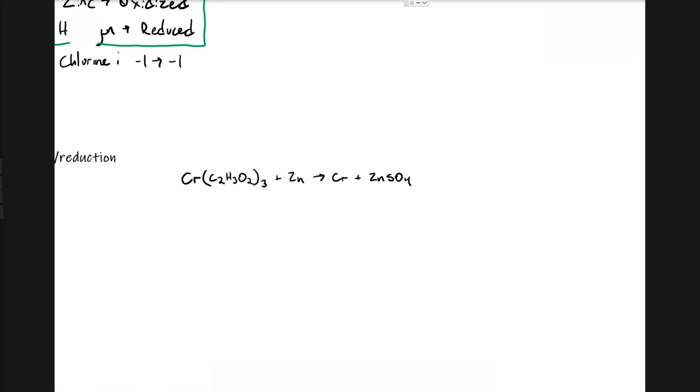We're just trying to figure out what changed electrons, why did those electrons change, and how many of those electrons were changed? So the place to start is to take a look at your oxidation states. We know that the oxidation state of acetate is -1, and we have 3 of those acetates.